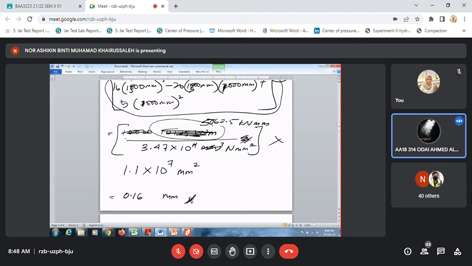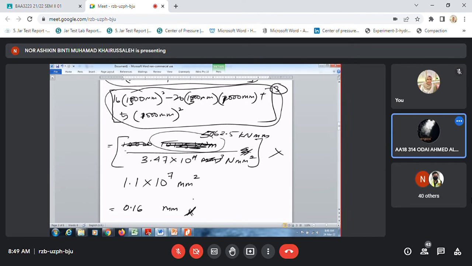Doctor, I have a question. For the unit, shouldn't it be 1 over mm? Because it's kilonewton mm over Newton mm square. What do you mean? Okay, so this is kilonewton meter divided by Newton per millimeter square.